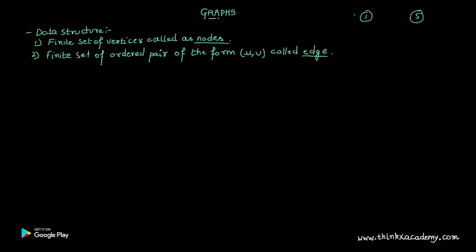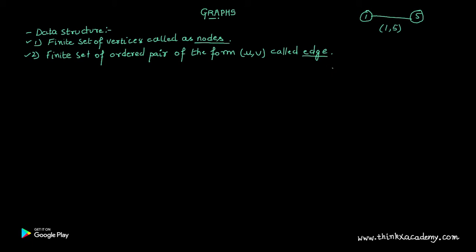So these two are basically nodes, but a graph should contain both of these components. If you draw an edge, it is simply a straight line. This is an ordered pair of the form 1 comma 5. So this is basically the meaning of edge.